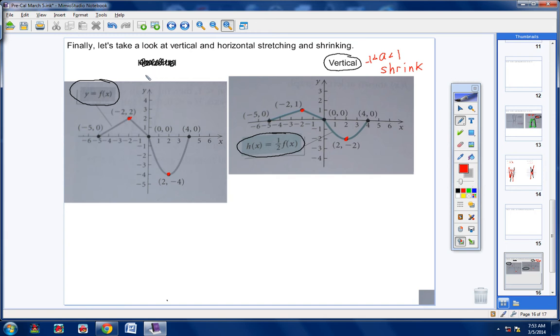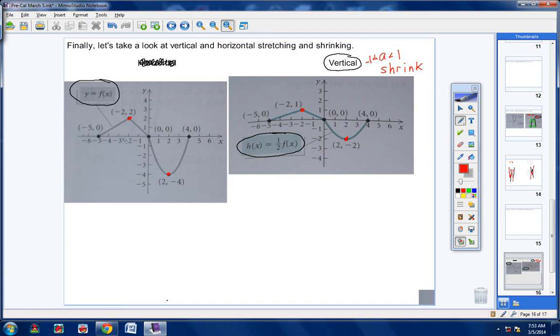If you look in your notes, you will see when it comes to horizontal stretching and shrinking, whenever a was greater than -1, less than 1, you had a horizontal stretch. And we don't have that here. It's the opposite when it comes to vertical. So, would you please make some notes on that?